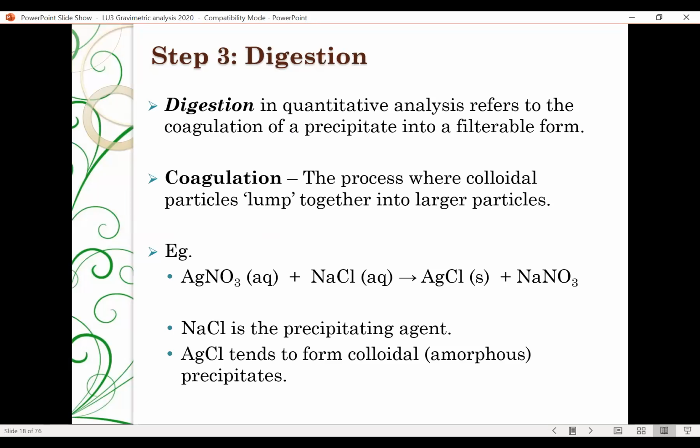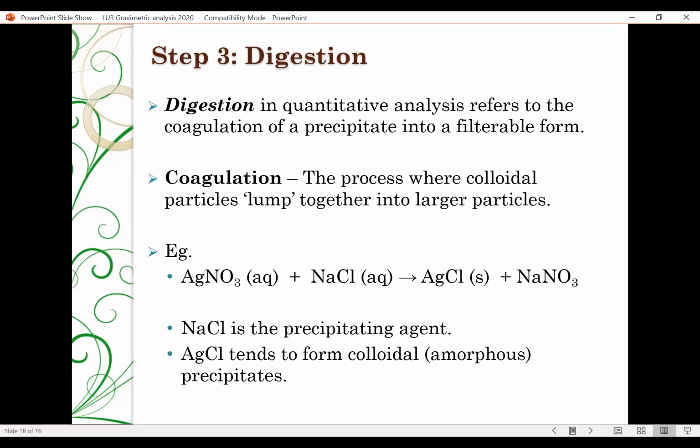After you have produced the precipitate, step 3 is digestion. In quantitative analysis, digestion refers to the coagulation of a precipitate into a filterable form, meaning that the colloidal particles in the solution lump together, congregate together to form larger particles.